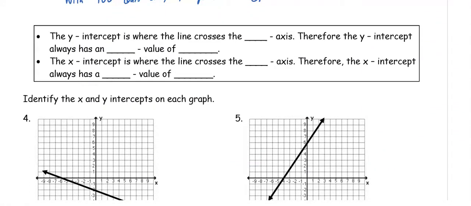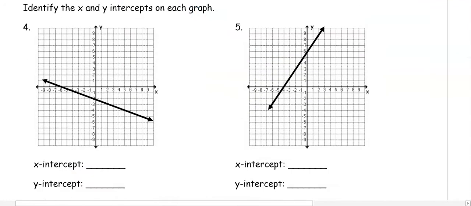So the y-intercept is where the line crosses the y-axis. Therefore, the y-intercept always has an x value of 0. The x-intercept is where the line crosses the x-axis. Therefore, the x-intercept always has a y value of 0. So looking at the graphs, let's find the x and y-intercept.